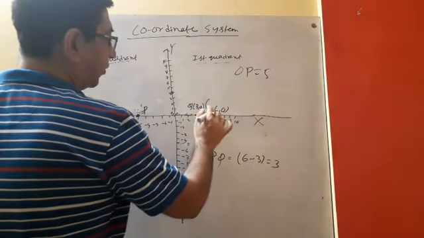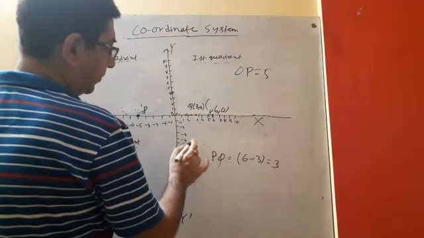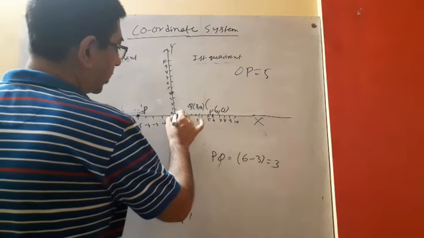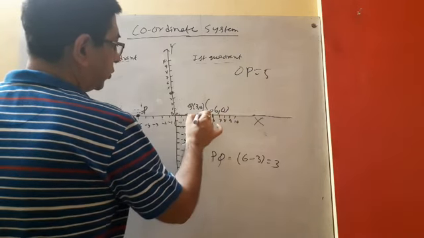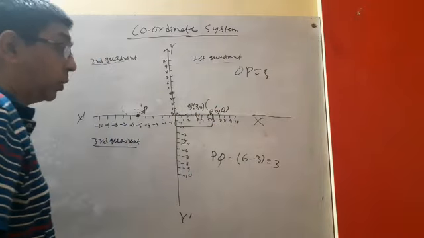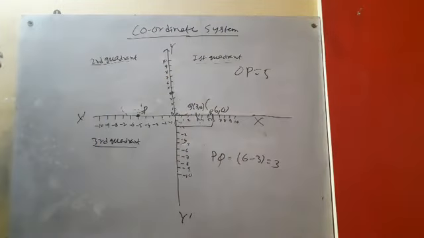Look, this is P, right? This distance is 6, this distance is 3. Is it clear? This is 3, and the total distance is 6. So this portion is 6 minus 3, that is 3. Why is it minus? Because they are in the same direction. That is why minus. Okay.